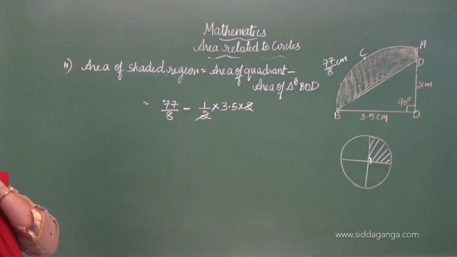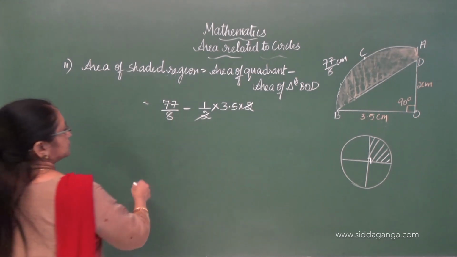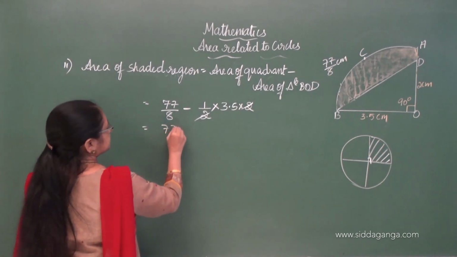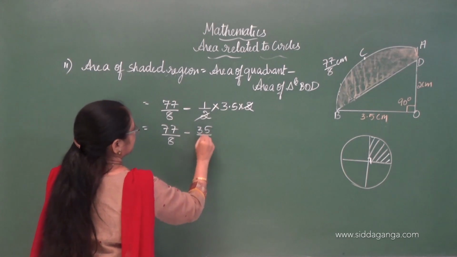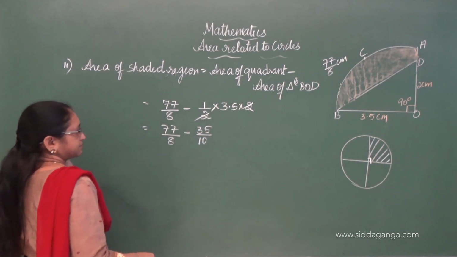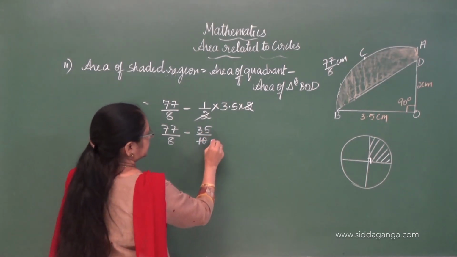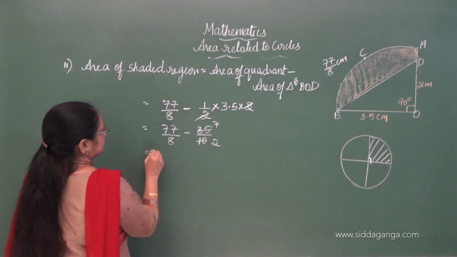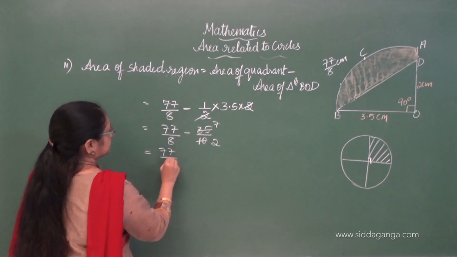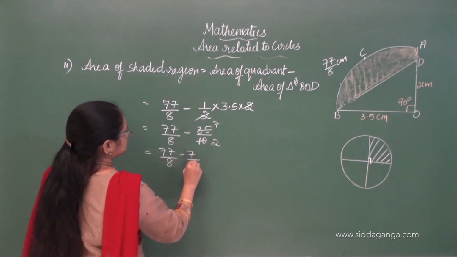Now 3.5, correct? Now 77 by 8 minus, 3.5 means 35 by 10, to make it simple, 5 twos are 10, 5 sevens are 35. So this will be 77 by 8 minus 7 by 2.